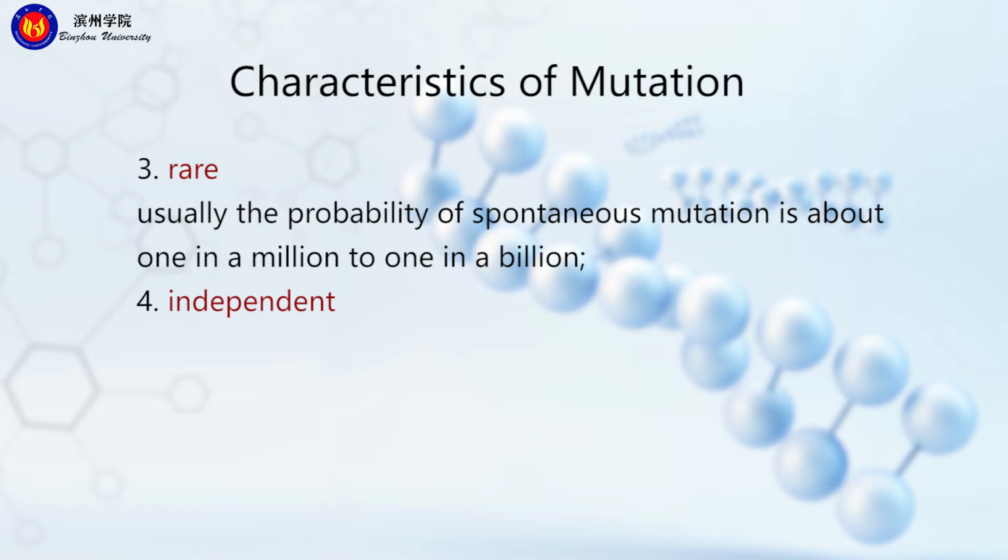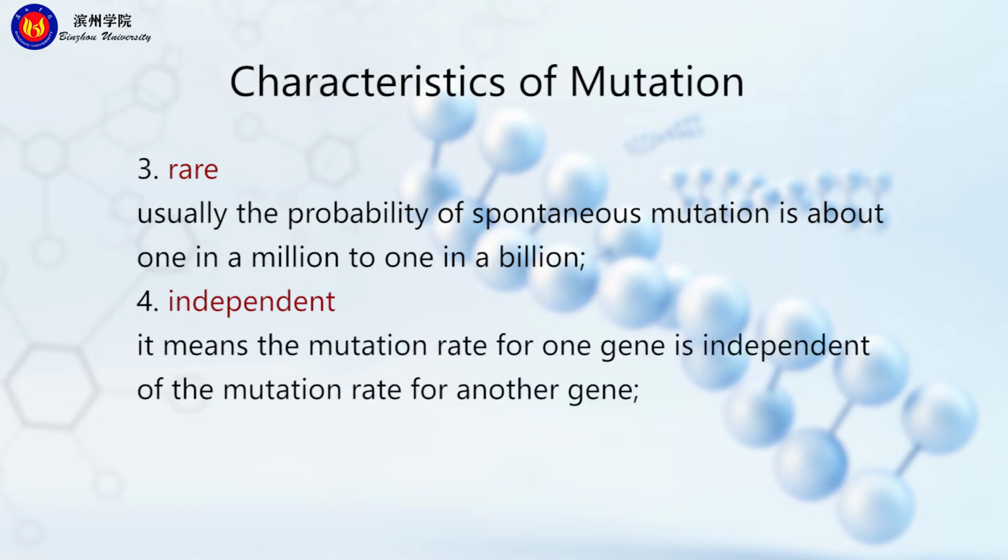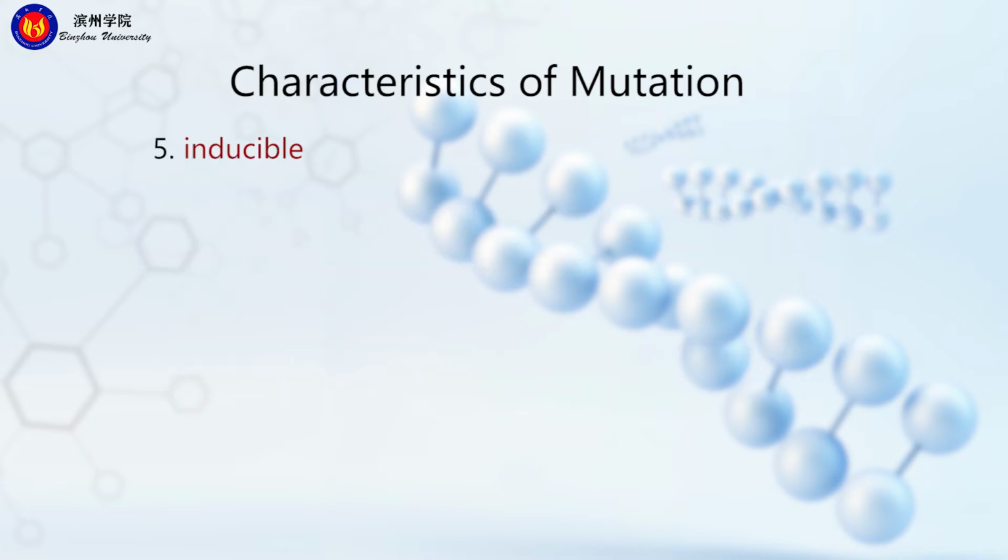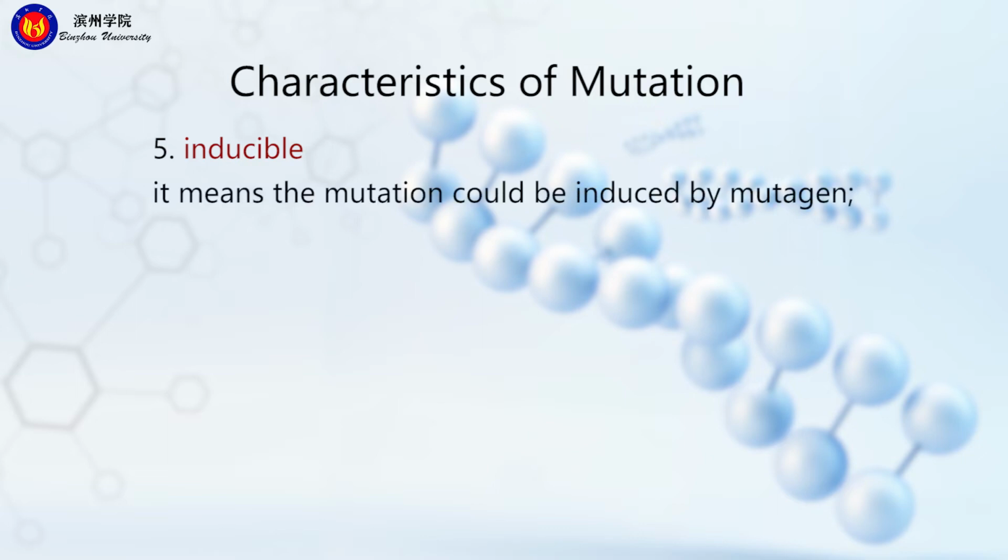Fourthly, independent. It means the mutation rate for one gene is independent of the mutation rate for another gene. Fifthly, inducible. It means the mutation could be induced by mutagen. Sixthly, stable.